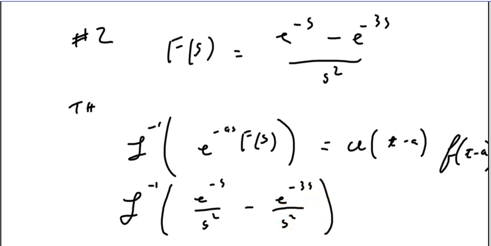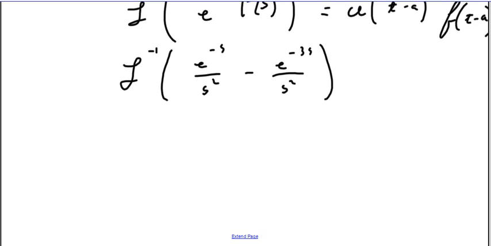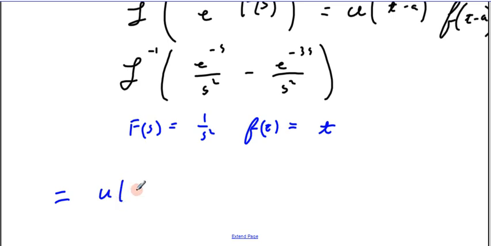So I'm looking at that, and I'm saying, well, what's the F(s)? F(s) is 1 over s squared. So f(t) is going to be equal to t. And now I've got a unit step function that's going to say that the inverse Laplace transform is going to be u(t minus a), which is a 1.